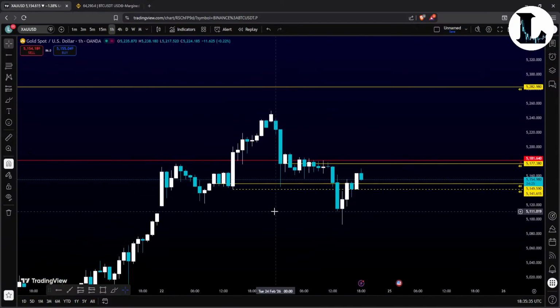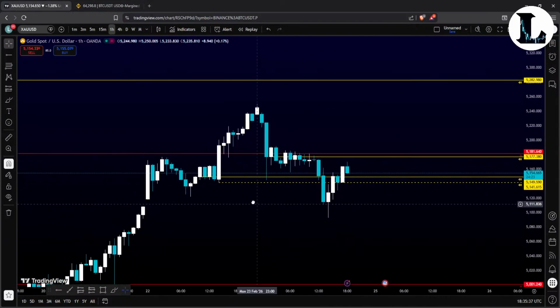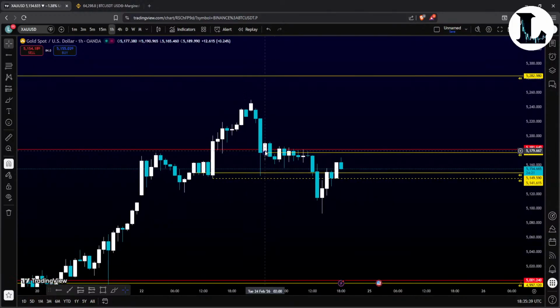Sorry, 4-hour resistance. It is also the 1-hour here, and we could say that this 1-hour is also acting as resistance, at least for now. Even though we have that big one, we can follow the trail.